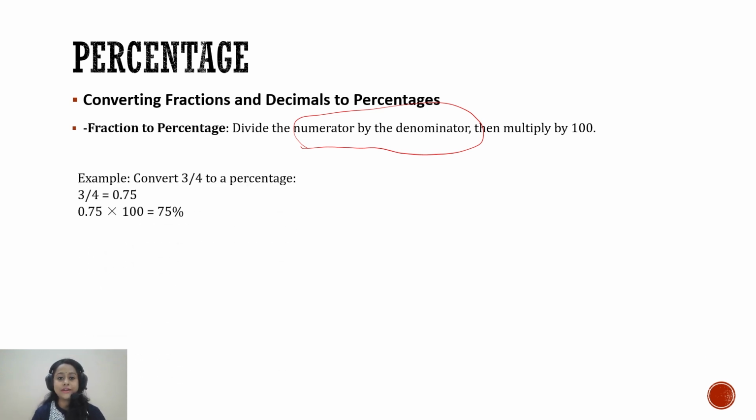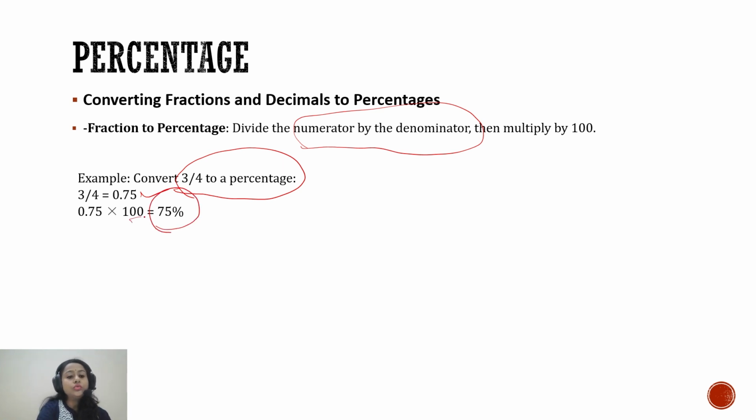As simple as that. If we want to convert 3/4 into percentage, we will first divide 3 by 4. If you divide 3 by 4, you will get 0.75, and you just multiply 0.75 by 100, you will get 75%.